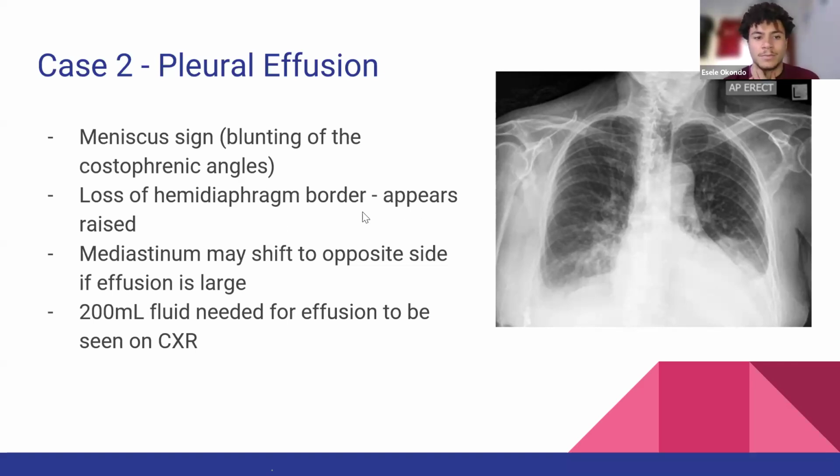The mediastinum may shift to the opposite side if the effusion is very, very large, and the effusion can also work its way higher up the lung. And to give you a volume, 200 milliliters of fluid is needed for an effusion to be seen on chest X-ray. So you have a pretty significant pleural effusion already by the point that you can see it on a chest X-ray.